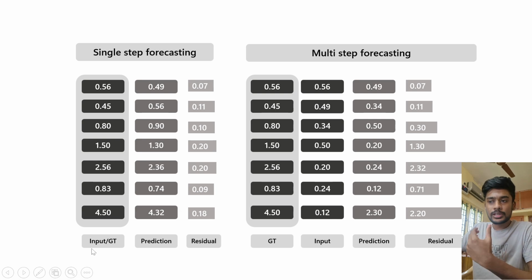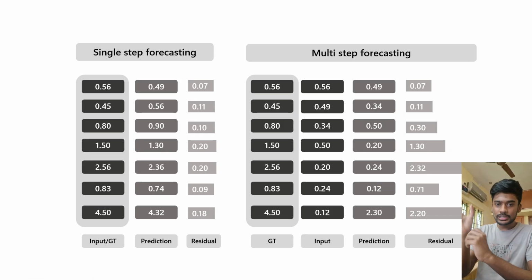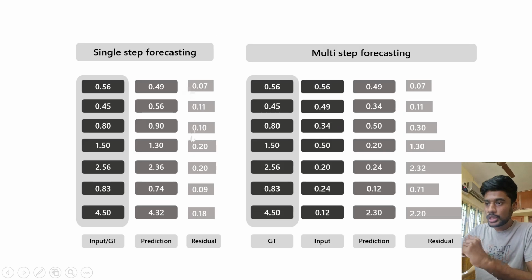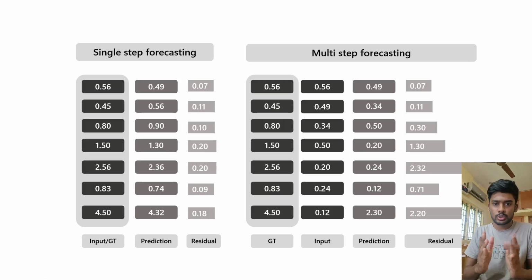In single step forecasting, since we are using the ground truth to do the prediction, the prediction is just based upon the previous value, that is the ground truth. But in the case of multi-step forecasting, each step is dependent on the previous step values, so any errors in any of those intermediate steps will propagate. That's the reason why, when you are plotting the residual plot, it is in a similar fashion, there are not many variations.